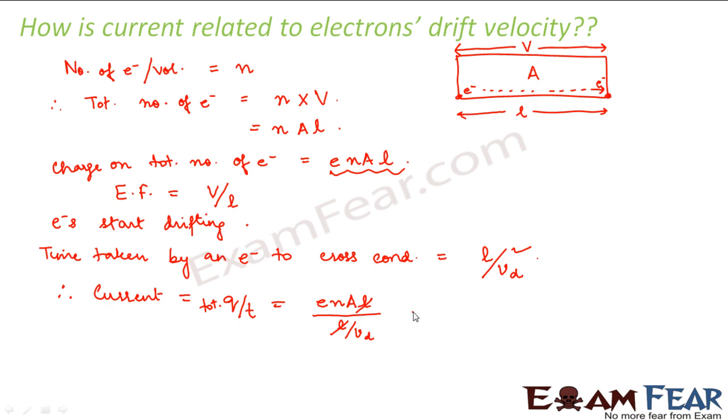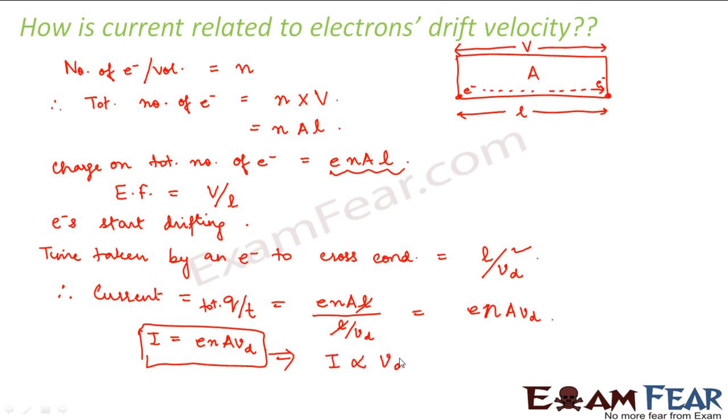So this L and L will get cancelled, and we get eNA into Vd. Therefore, the current in the conductor I is equal to eNA Vd. Remember this expression, and from it we find that current is directly proportional to the drift velocity. So as the drift velocity increases, the current also increases.